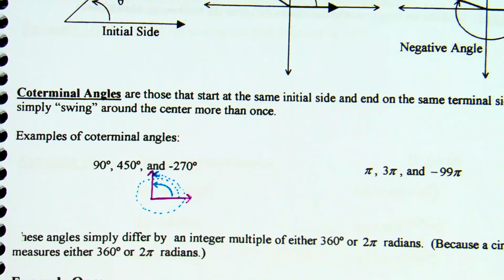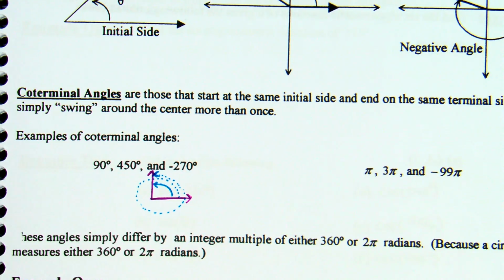Could we go higher? Could I add another 360 onto 450 if I wanted to? Yeah. Again, we could sit here all day and name angles that are equivalent to 90. Okay? Now, what about that negative 270? Okay, we're going to go the other way. So negative 270 says, okay, I'm going to start here and I'm going to go down instead.